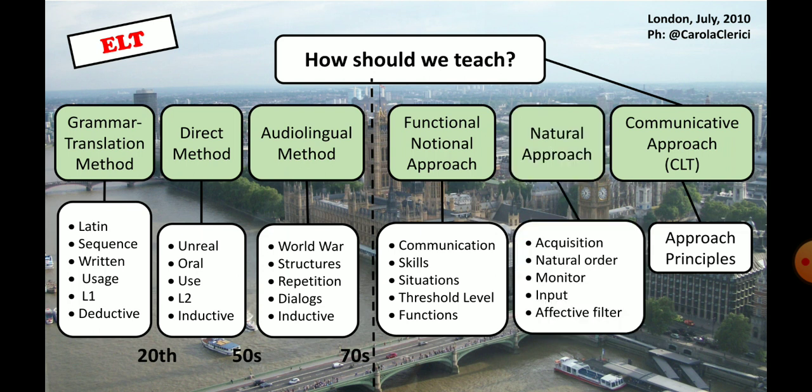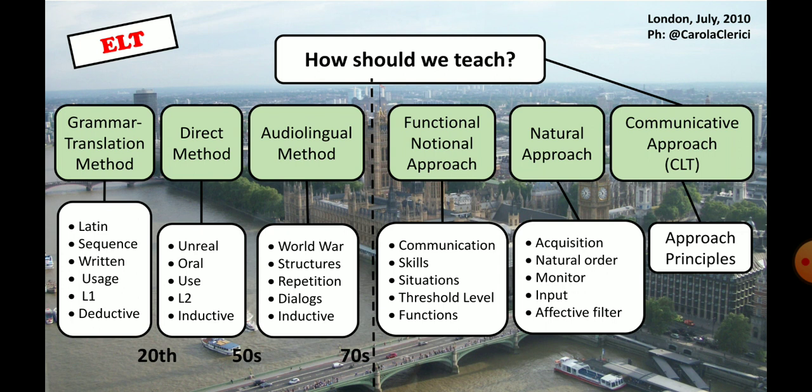The natural approach is a very interesting contribution, also in the 70s, from Stephen Krashen, and he tries to explain the way in which we learn languages. There are 5 hypotheses that we need to consider.